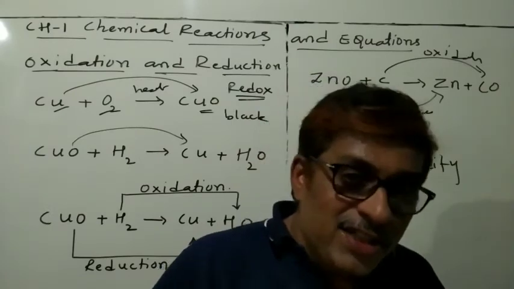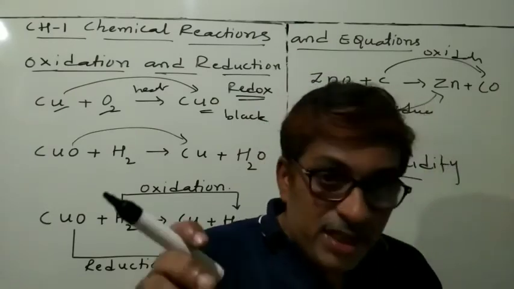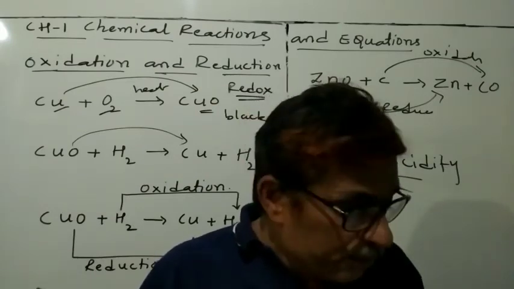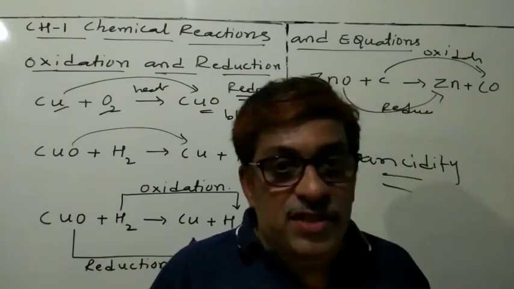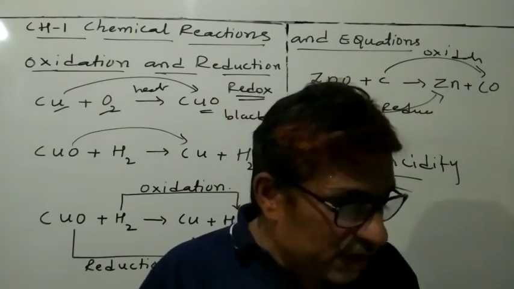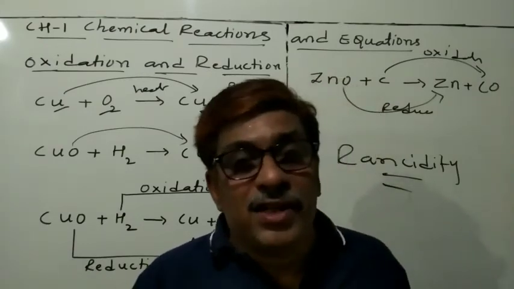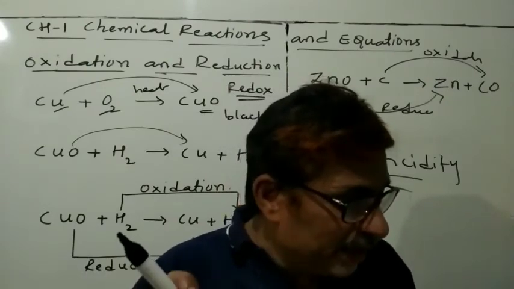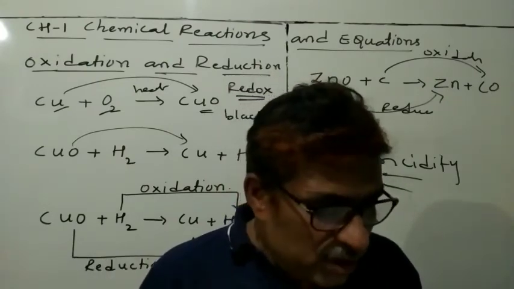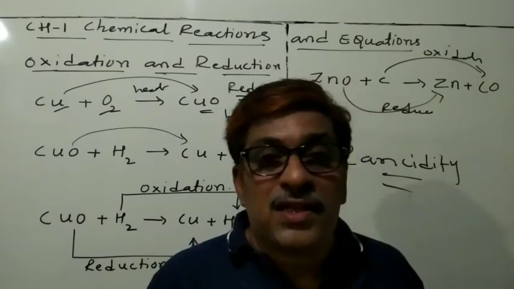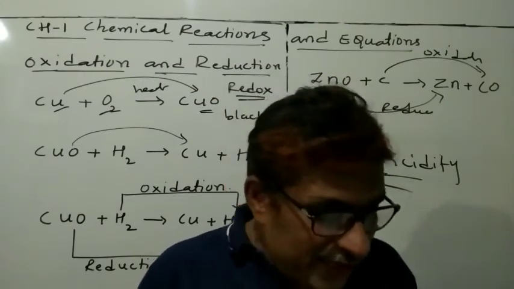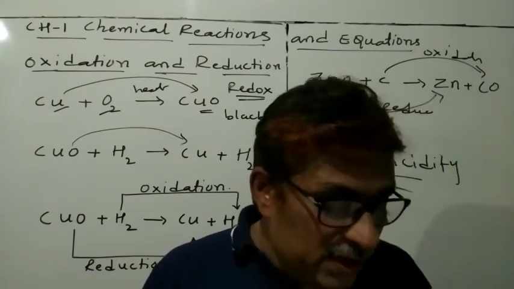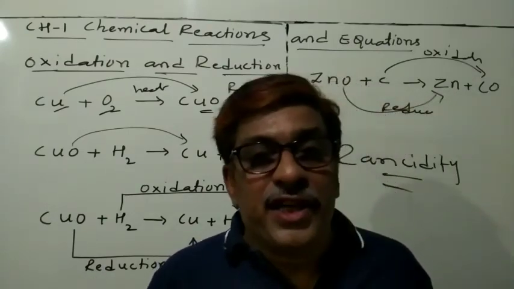Okay, and rancidity means, I will just revise this. Whenever fats or oily foods get oxidized, they become rancid and spoiled, and their smell and taste change. This process is called rancidity, the process of oxidation of fats and oils which causes a change in taste and smell.